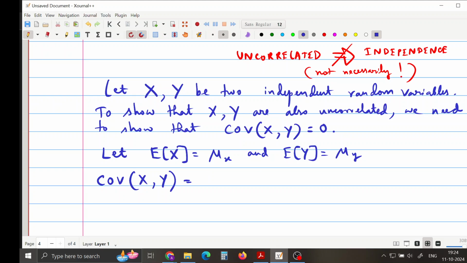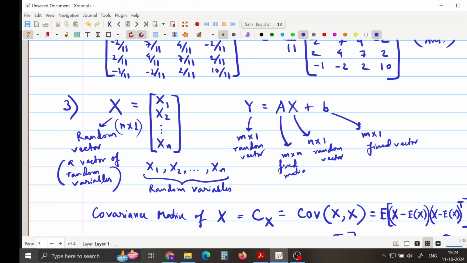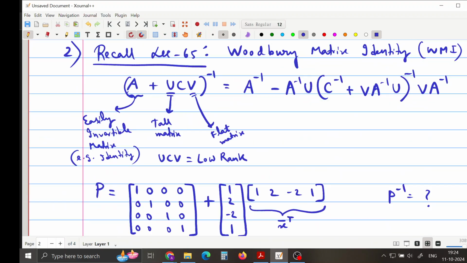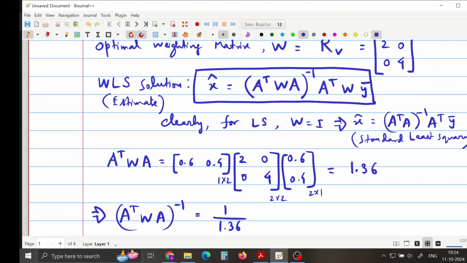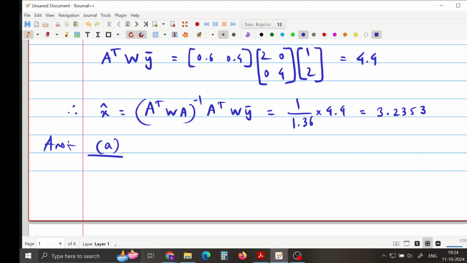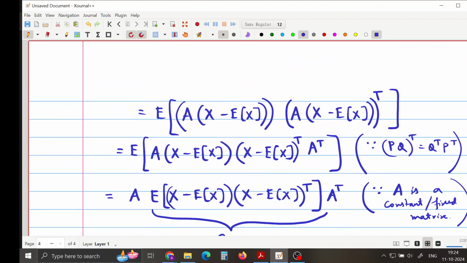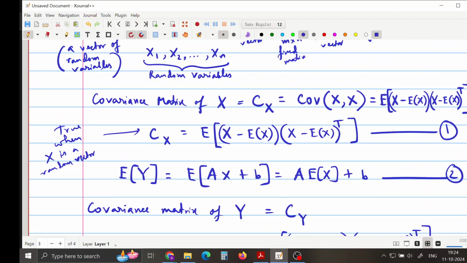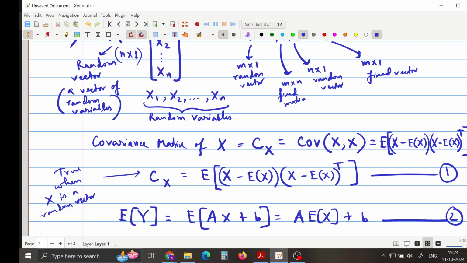Remember the formula that we used for random vectors, the covariance of random vectors, we used that transpose. If you see question 1 in the previous question, we use this transpose because we are dealing with a random vector.